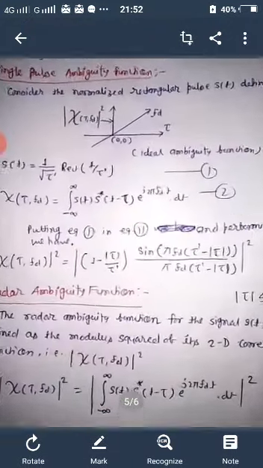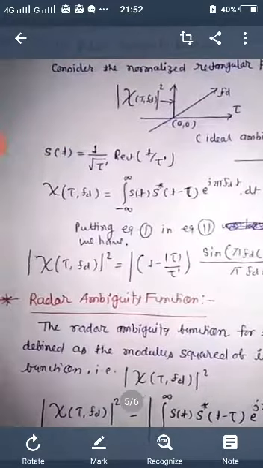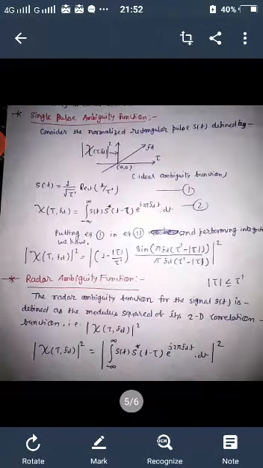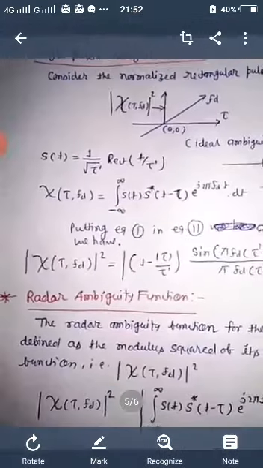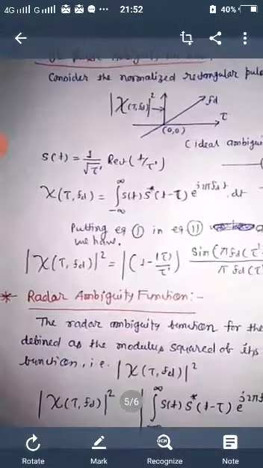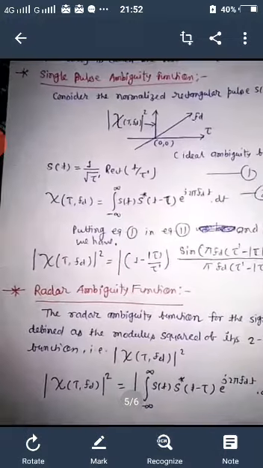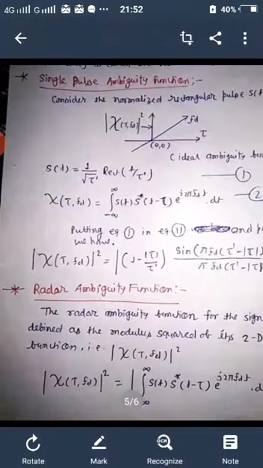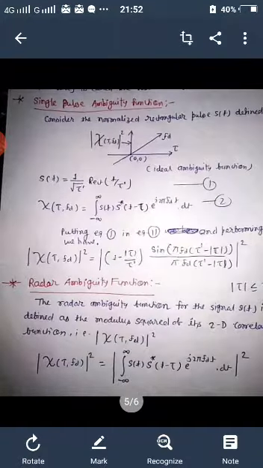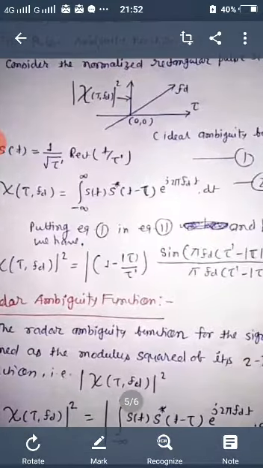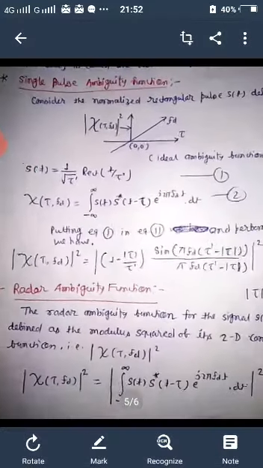If you have a rectangular pulse s(t) denoted by 1 over root tau' rect(t over tau'), then by definition chi(tau, f_d) equals the integration from minus infinity to infinity of s(t) s*(t minus tau) e to the power j 2 pi f dt.